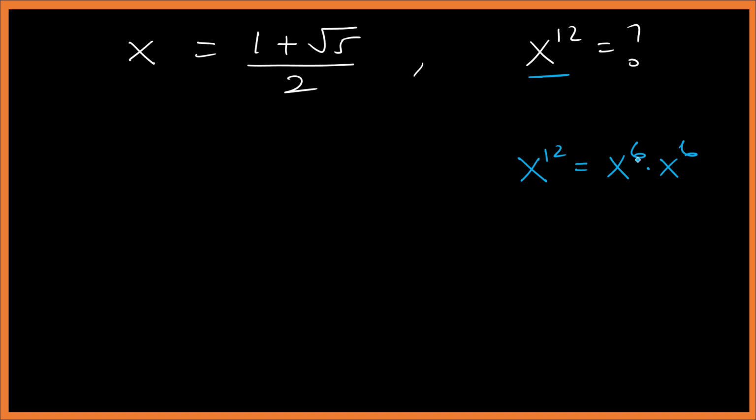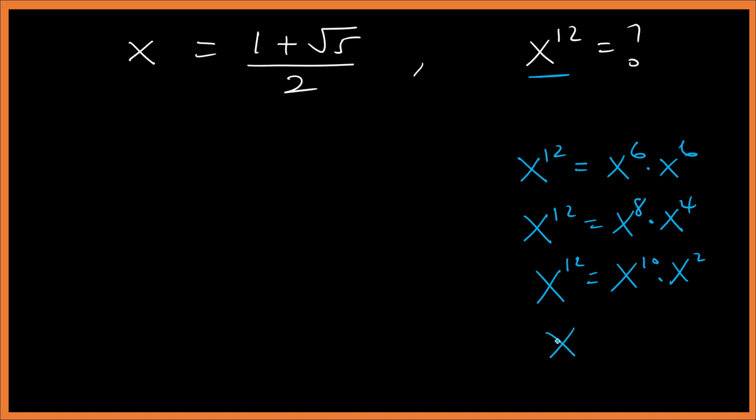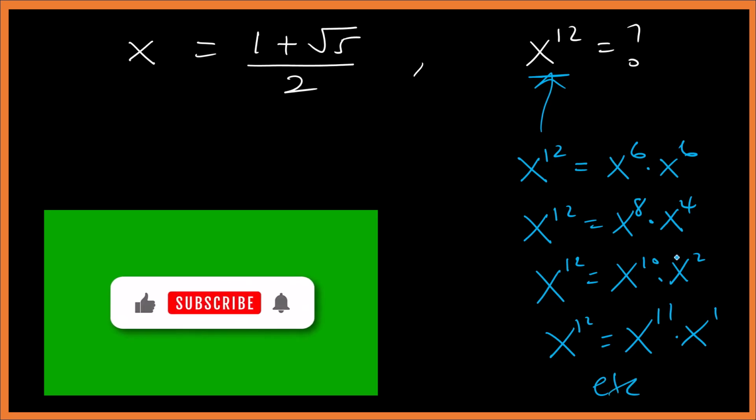Now, 6 plus 6 is 12, or x to the power 8 times x to the power 4, or x to the power 10 times x to the power 2, or x to the power 11 times x to the power 1. So we have so many ways of expressing this one, et cetera. We have many more.